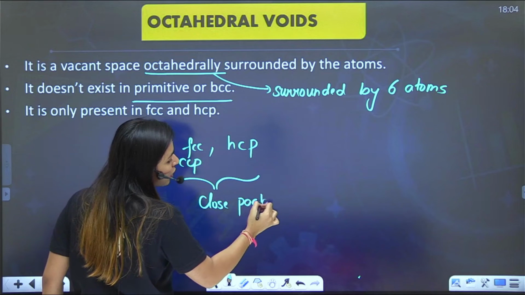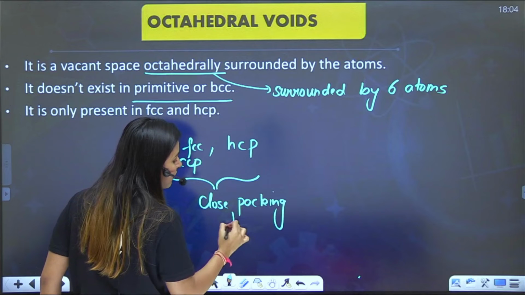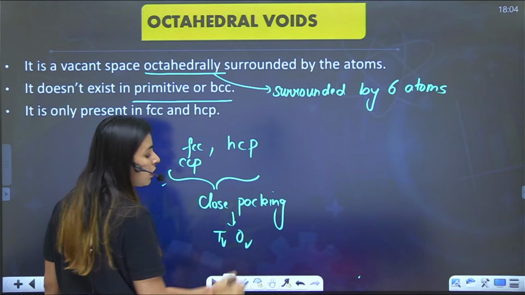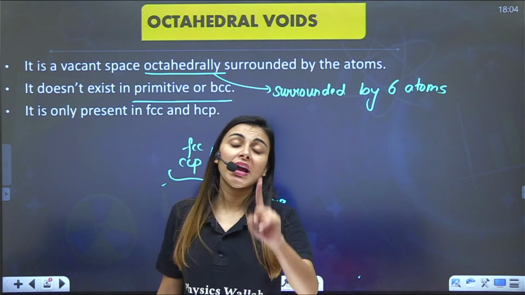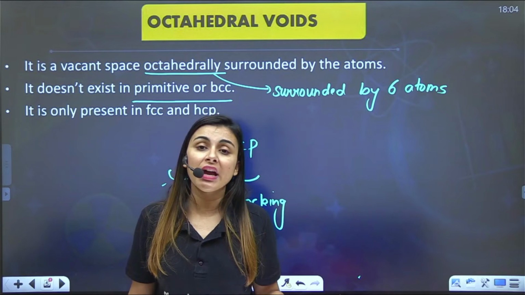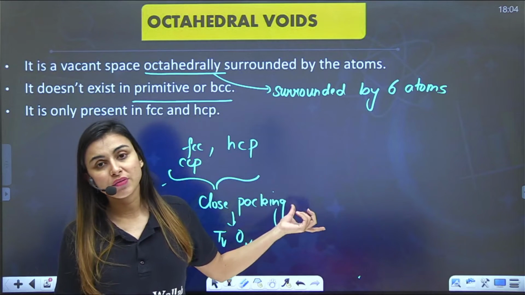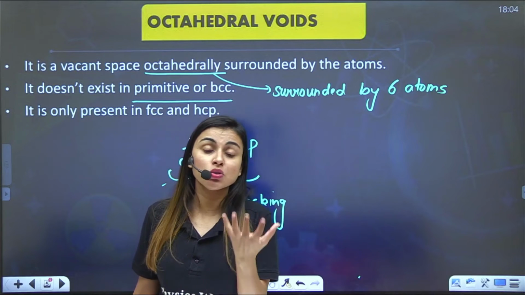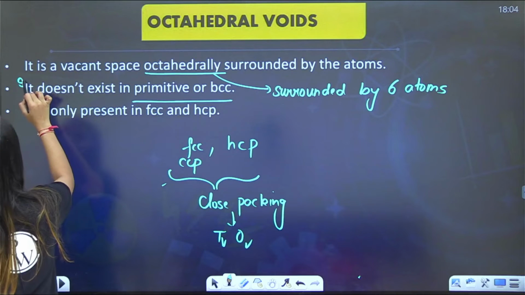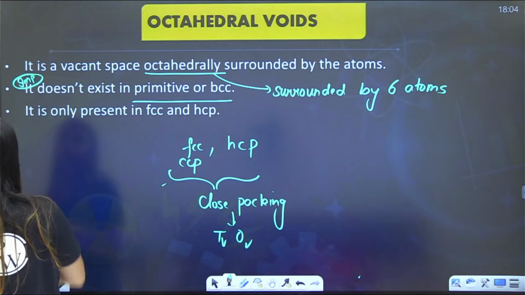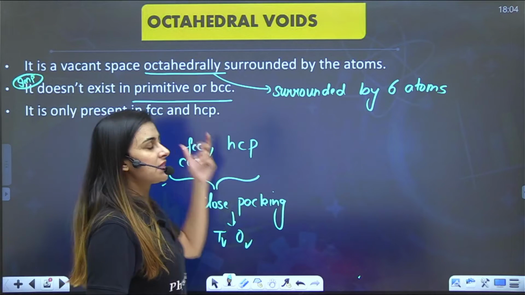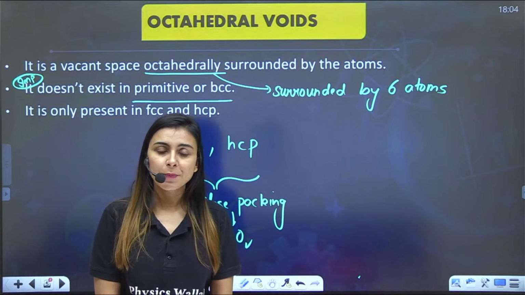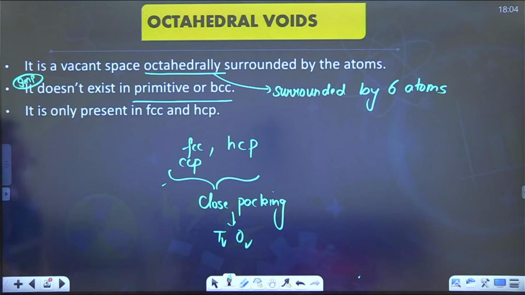They are called close packing, and they have tetrahedral voids and octahedral voids. But your primitive and BCC arrangements do not have tetrahedral or octahedral voids. Mark this. A question is generally asked from this part because this is something to remember. So this point is important for you. It is only present in FCC and HCP. Please write it down, then we'll move forward.